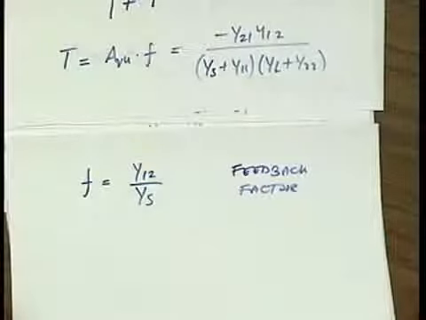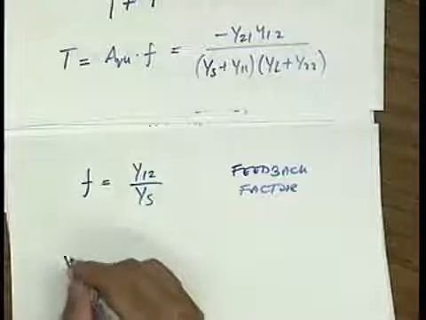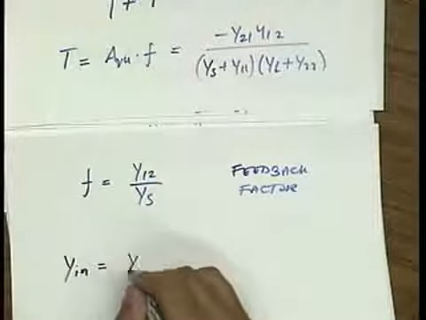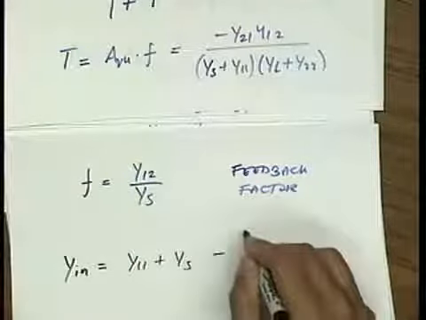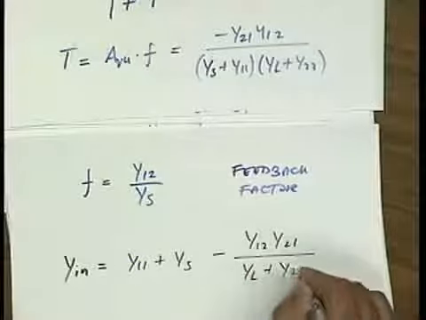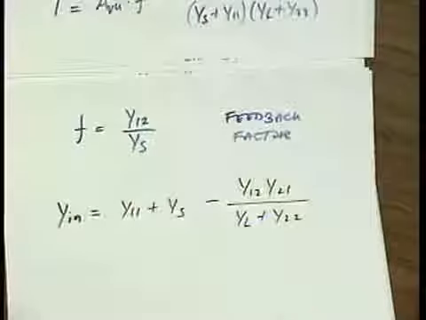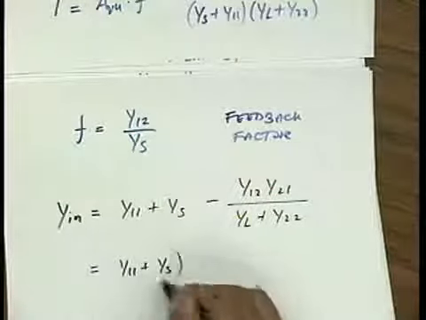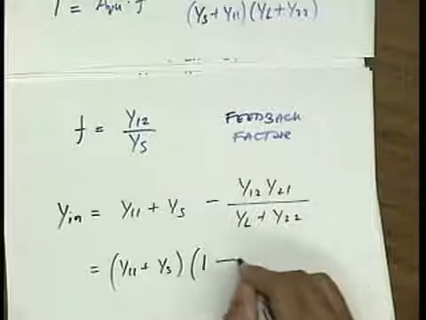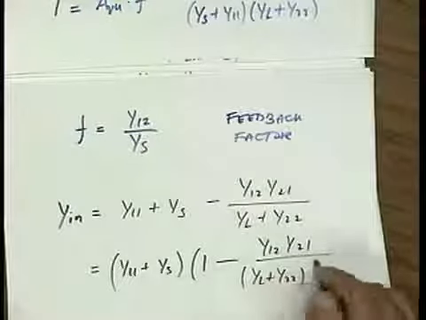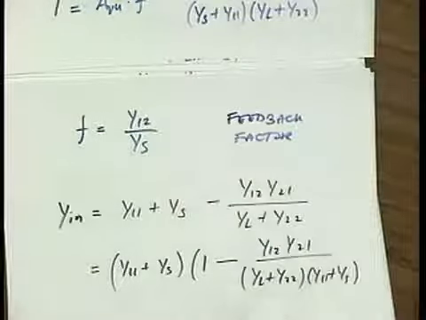Now if we look back at our expression for the input admittance, we derived that in general the input admittance is Y11 plus YS minus Y12 Y21 divided by YL plus Y22. If I factor the first term out, I have Y11 plus YS times 1 minus Y12 Y21 over YL plus Y22 times Y11 plus YS.